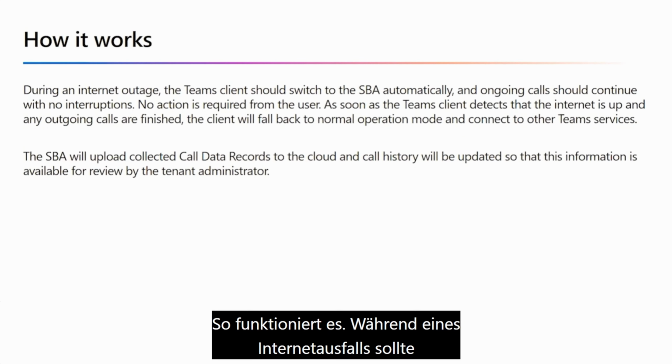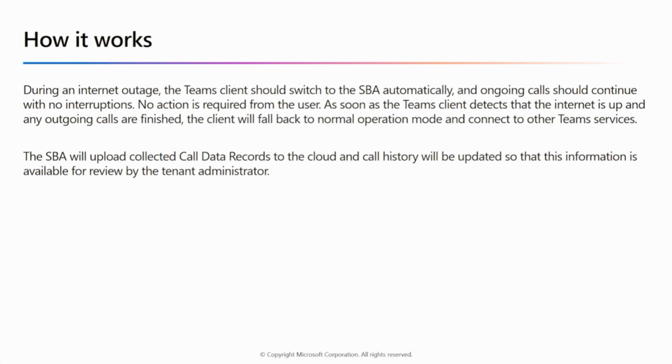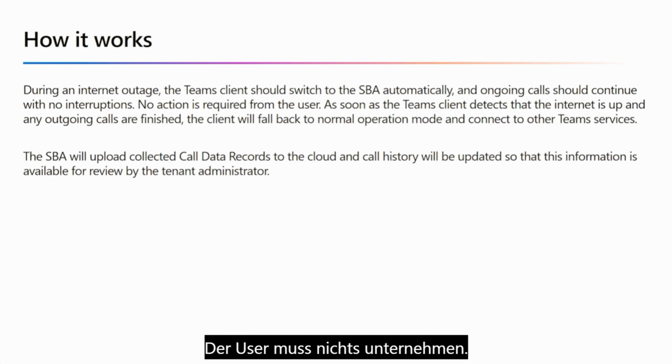So how does it work? During an internet outage, the Teams client should switch to the SBA automatically. An ongoing call should continue with no interruption at all. No action is required from the user.